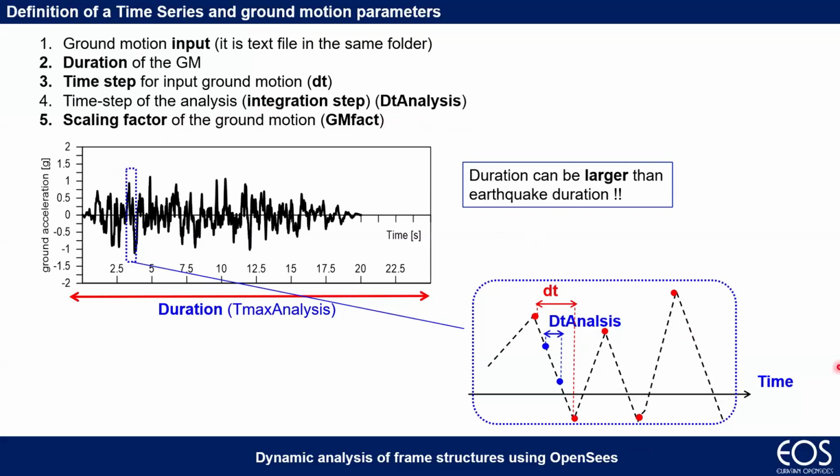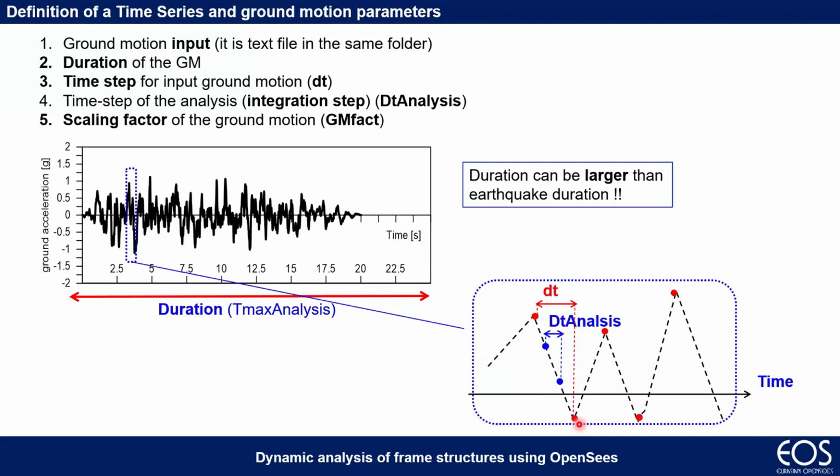This is an example on the right side of the screen. If the red one is the time step of the recording, the time step of the analysis can be shorter. What happens is OpenSees just interpolates the acceleration value and uses that one, but you don't care about that.